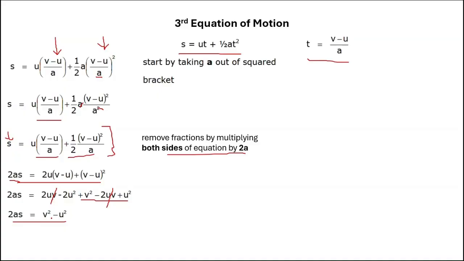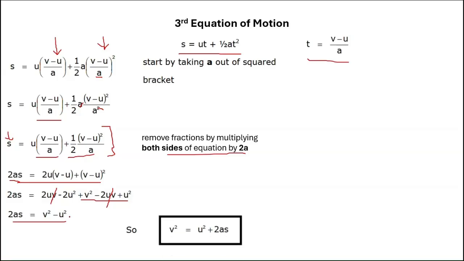v is the final velocity and u is the initial velocity. We can also write this as 2as is equal to vf square minus vi square, where vf is final velocity and vi is initial velocity.